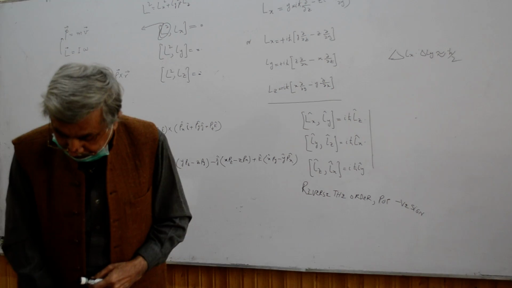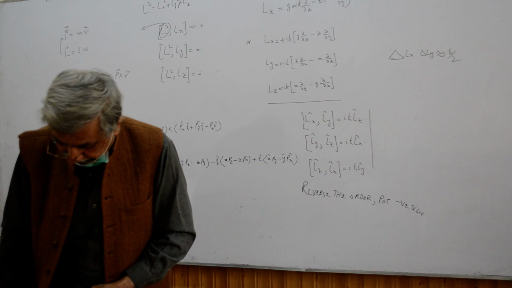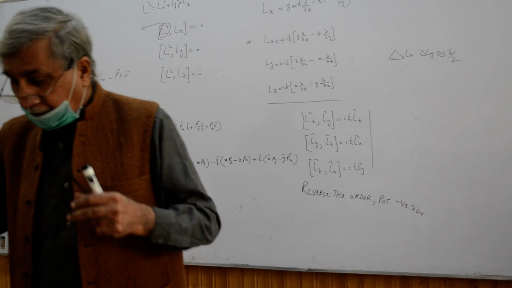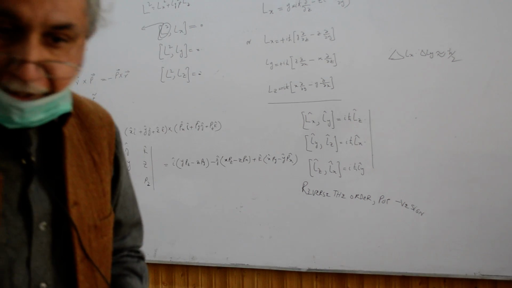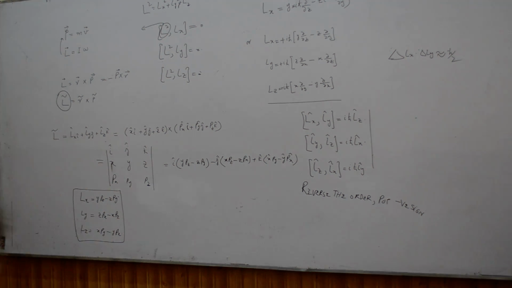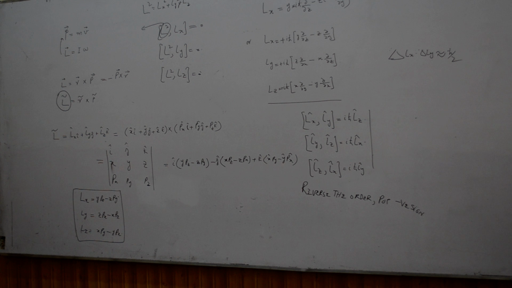L does not represent a good quantum number because there is uncertainty in its components. But if you square it, that uncertainty is gone. I'll show you that mathematically. Now, I want to discuss some physics of it.